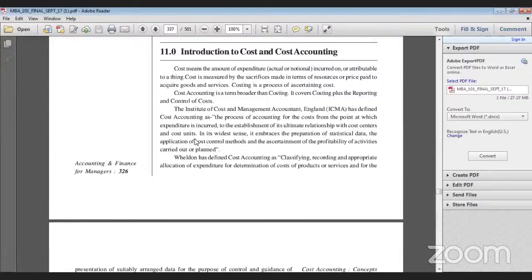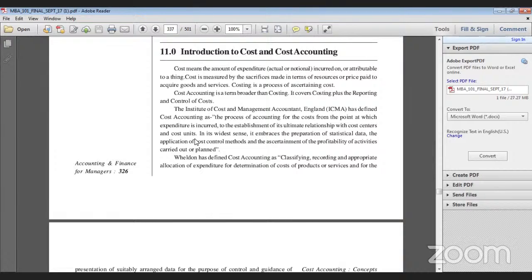Firstly, cost accounting is defined as the process of accounting for cost from the point at which the expenditure is incurred to the establishment of its ultimate relationship with the cost center and the cost unit.